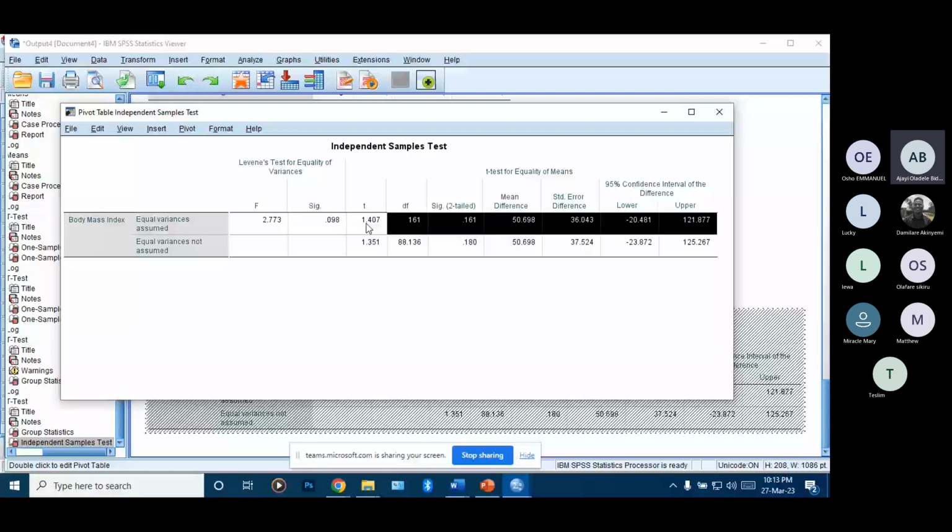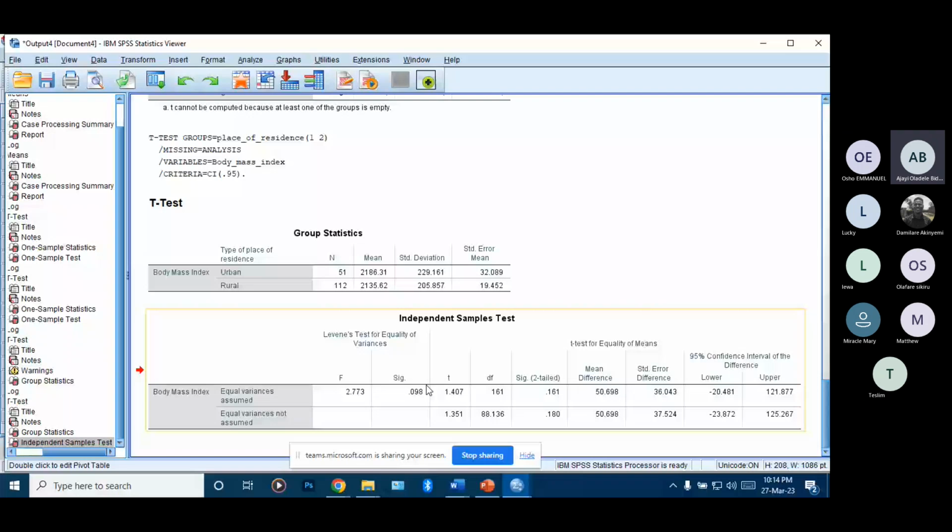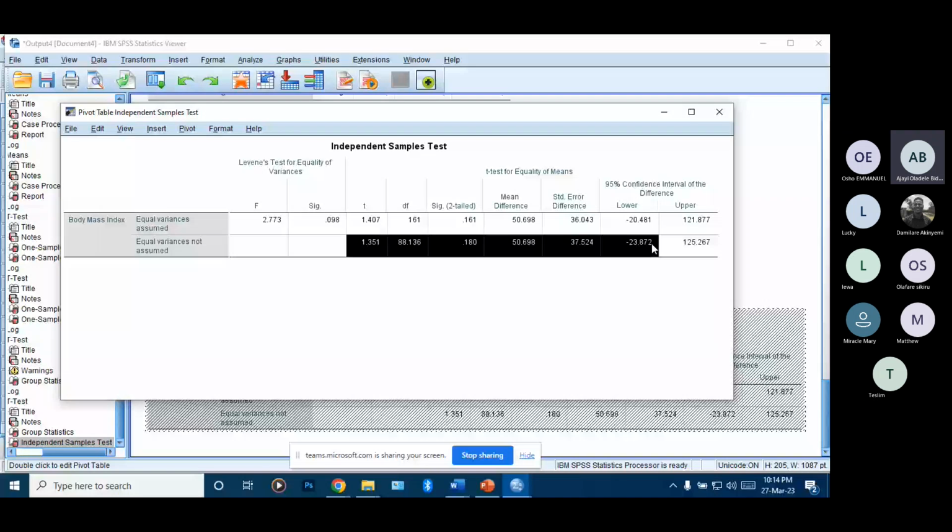So for this particular test, the variance is equal, so we check for equality of means in this place. Had it been that the variance is not equal, you check for the equality of means in this second row.